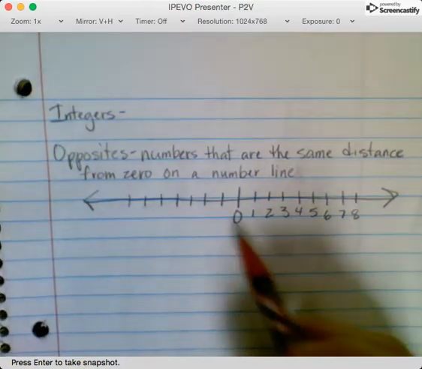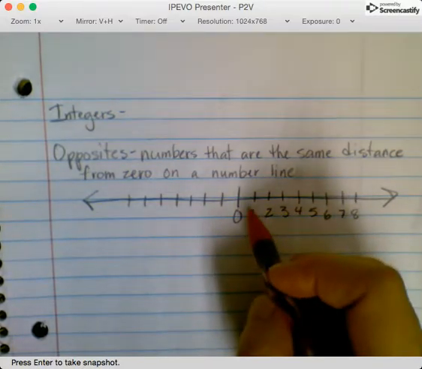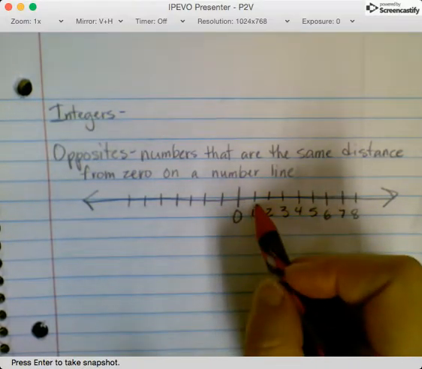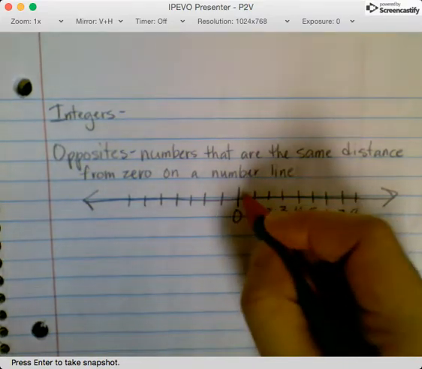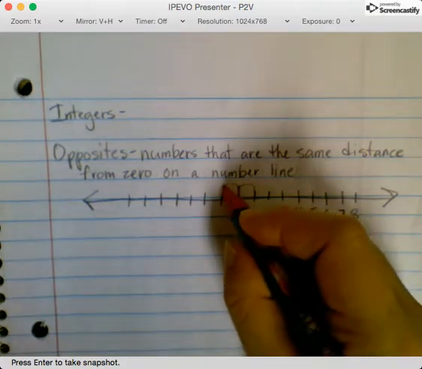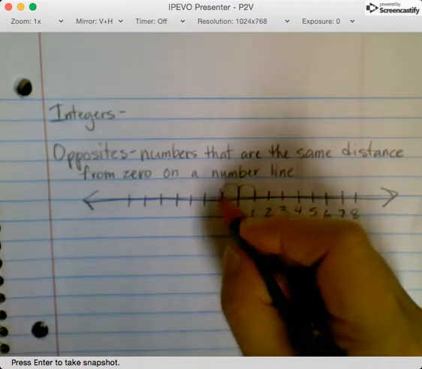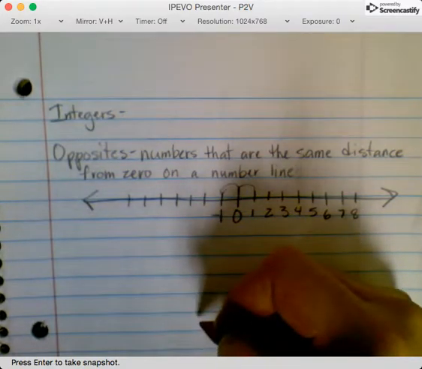Okay, so I know the positive numbers, you guys have worked with those. The opposites are just the opposite distance from 0. So 1 is one space away from 0. The opposite of 1 is the other direction, and it's also one space away from 0, so it is -1.